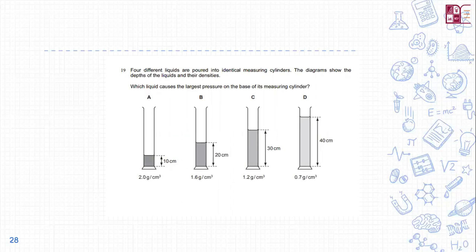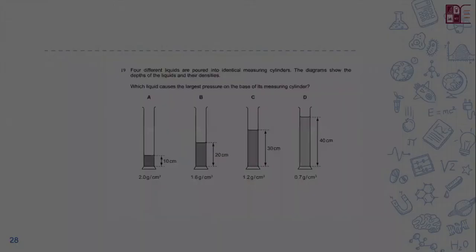So you can find out which one has the greatest. So 2 into 10, 20 into 1.6, 30 into 1.2, 40 into 0.7. And whichever is the highest number will be giving the largest pressure on the base of its measuring cylinder.